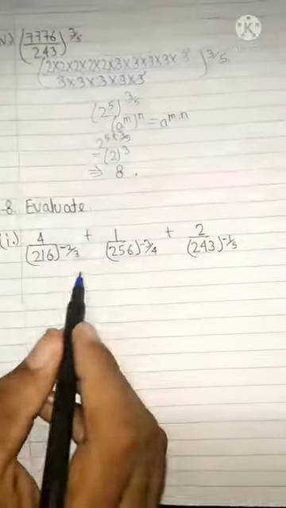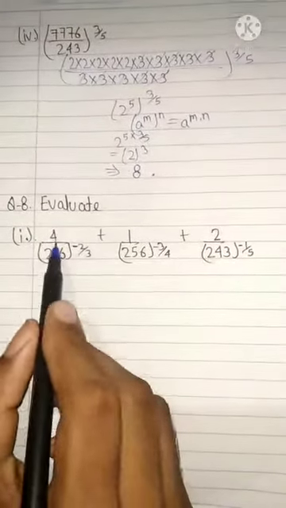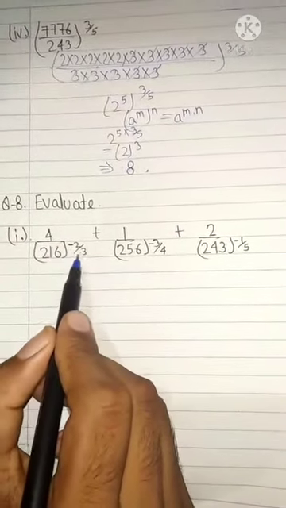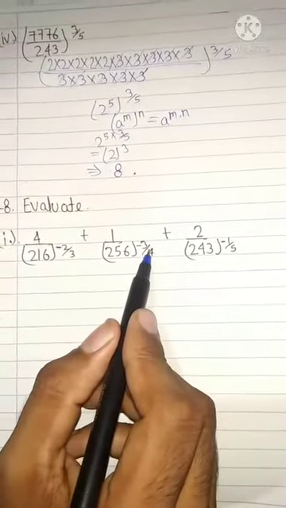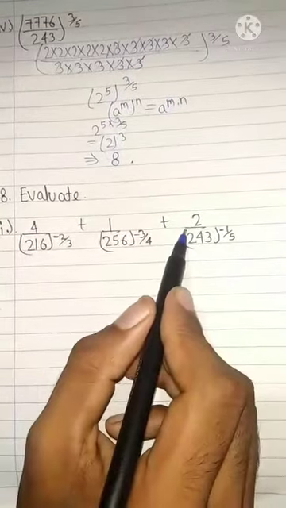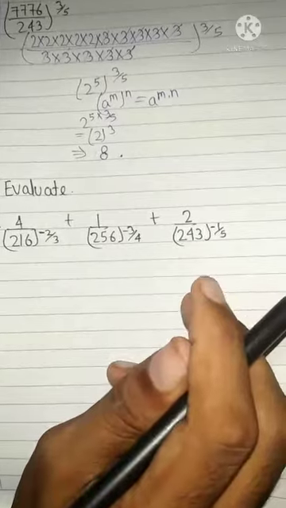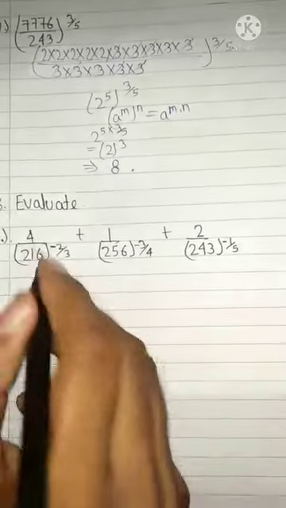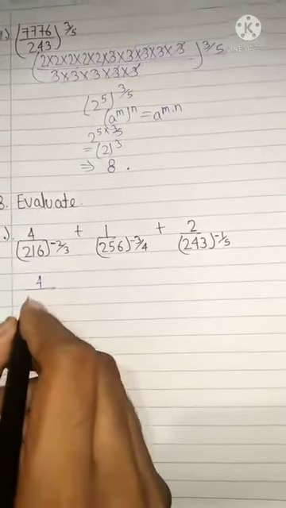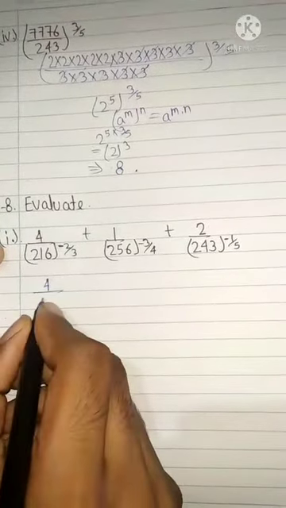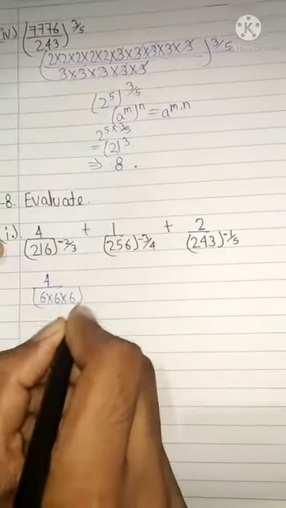Another question is: evaluate 4 upon 216 to the power minus 2 by 3 plus 1 upon 256 to the power minus 3 by 4 plus 2 upon 243 to the power minus 1 by 5. First we factorize. Factorization of 216 is 6 into 6 into 6 to the power minus 2 by 3.